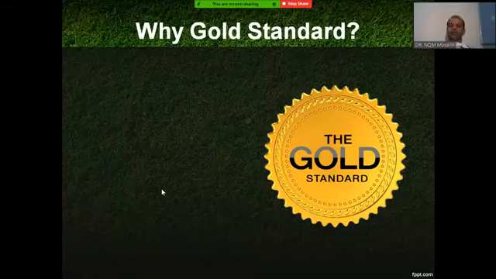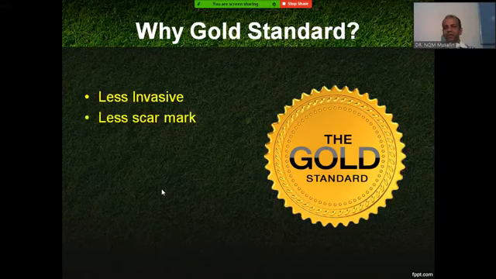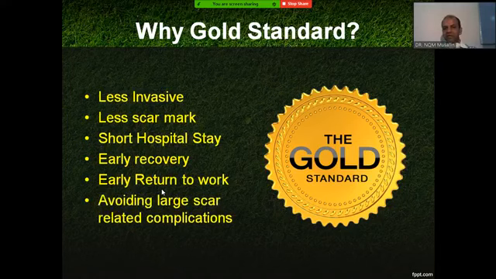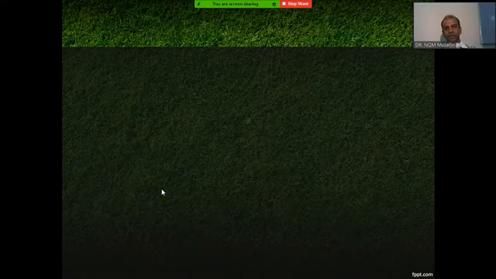Why is it the gold standard? It is the gold standard because it is less invasive, it has less scar mark, it needs a short hospital stay and early recovery and early return to work, and it avoids large scar-related complications.